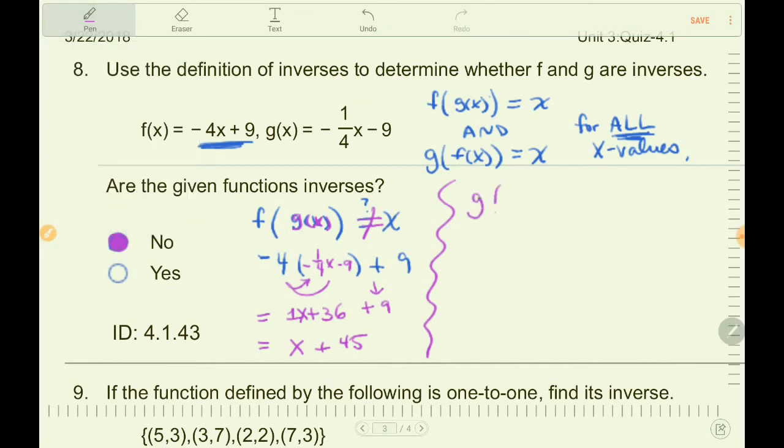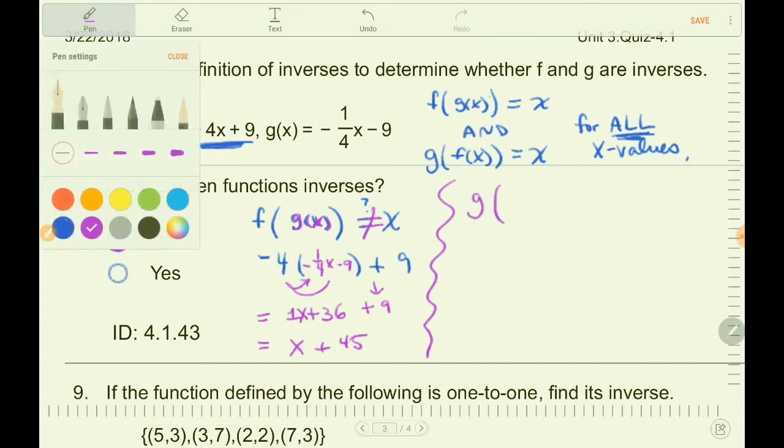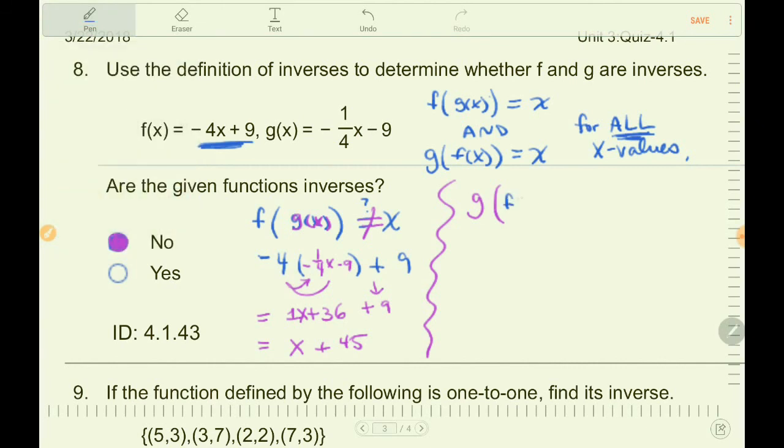So g of f of x is negative 1/4 times x minus 9. Plug in the f function, negative 4x plus 9.